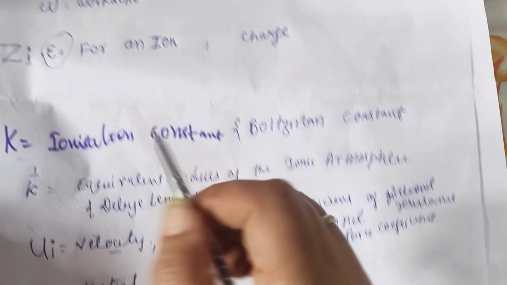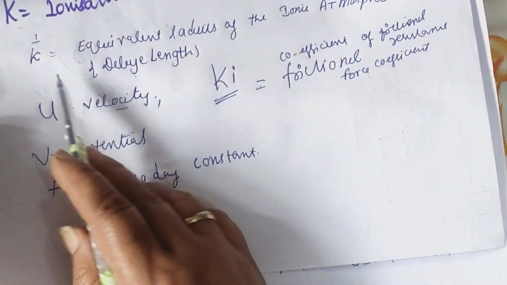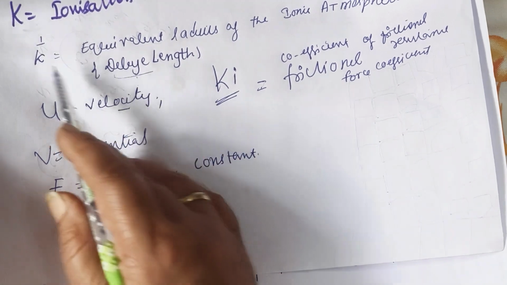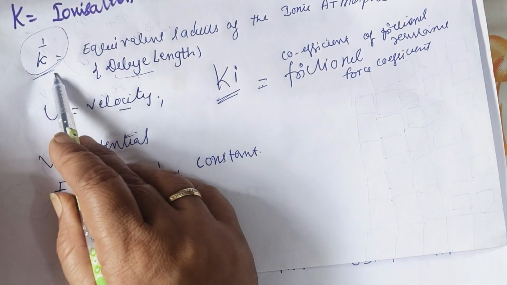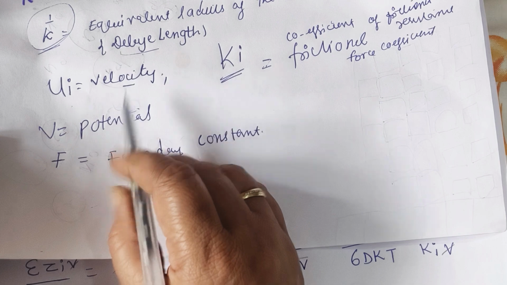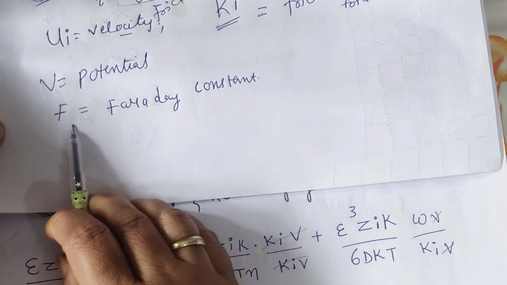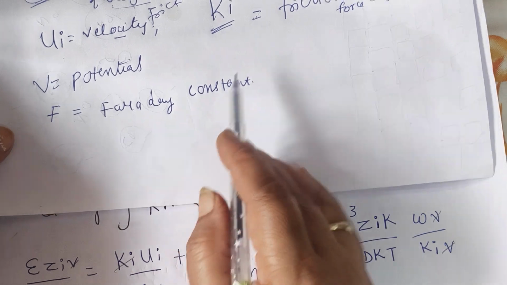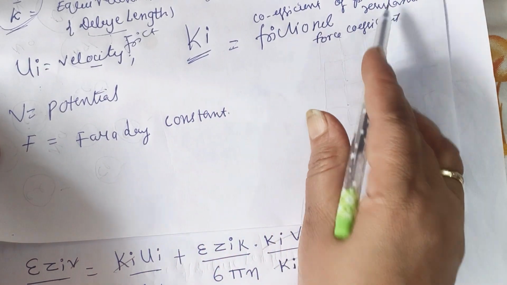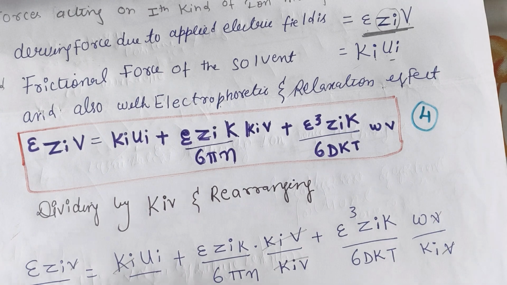Then k is the Boltzmann constant, and our Debye length is kappa, whose significance we will study. Ui is the frictional velocity here, V is the potential, F is the Faraday constant, and Ki is the coefficient of the frictional resistance. So now we will proceed to our derivation.